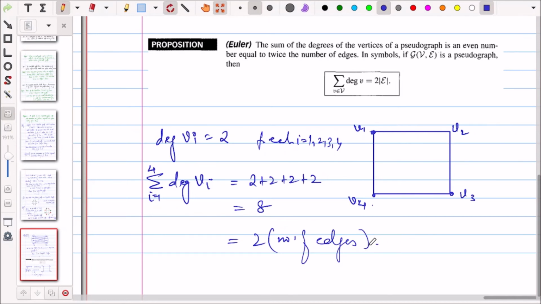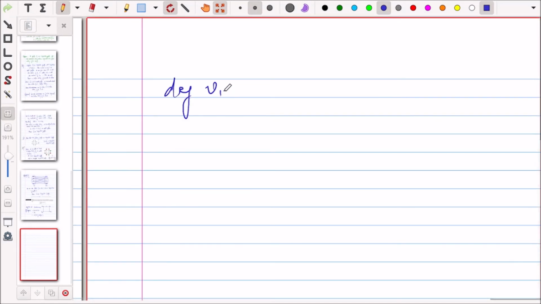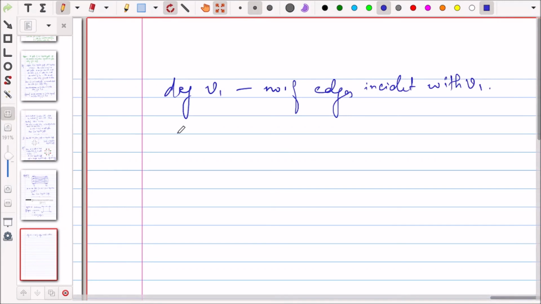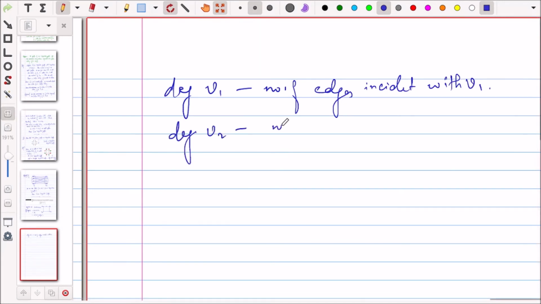So why is it happening? If you look, this edge is being counted in degree of V1 and also in degree of V2, right? Degree of V1 is the number of edges incident with V1, and degree of V2 is the number of edges incident with V2.